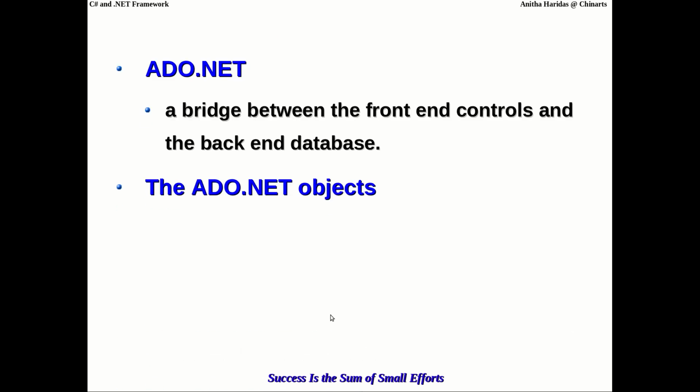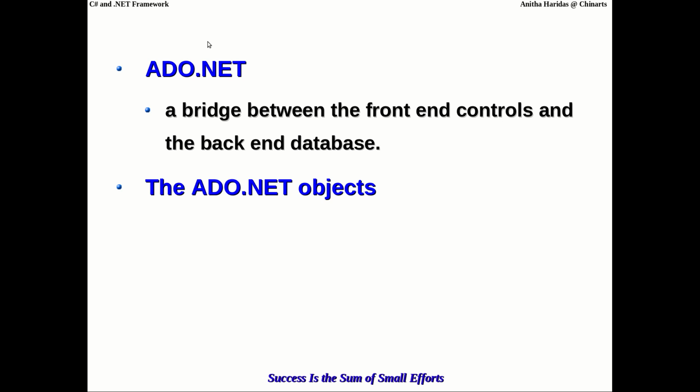Now, when you take ADO.NET, you can call it a bridge between the front-end controls and the back-end database. So your Windows or desktop application or your web application can be called a front-end control, whereas your MySQL or PostgreSQL or Microsoft SQL Server can be called the back-end database.